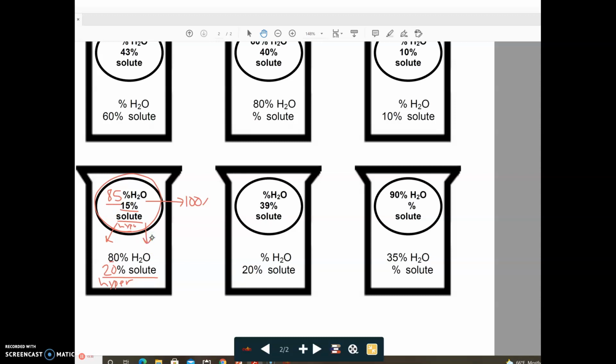All right, one more really quick. Inside, we have 39% solute. So that's got to add up to 100, so that's going to be 61%. Sorry, can't add in my head. All right, 61% water inside and 39% solute. Outside, we have 20% and 80%.